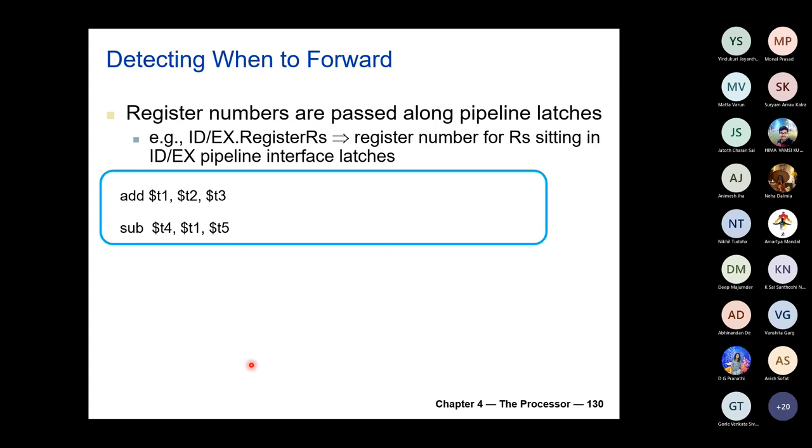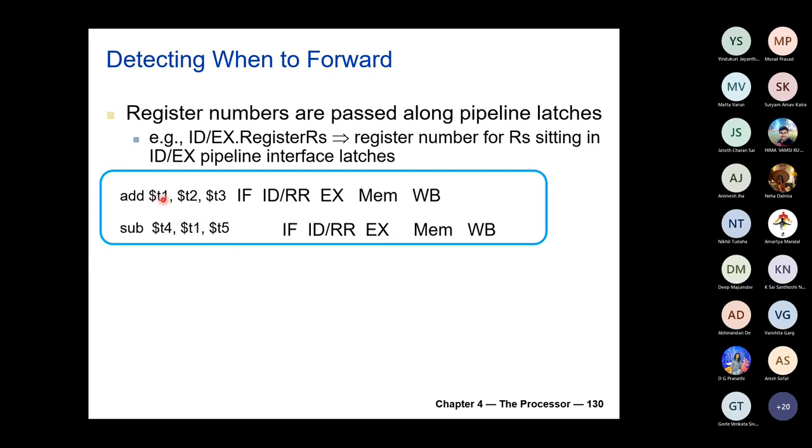Consider this code snippet. This is the instruction which enters the pipeline first, and this is the instruction which enters the pipeline next. So what do I need to check?